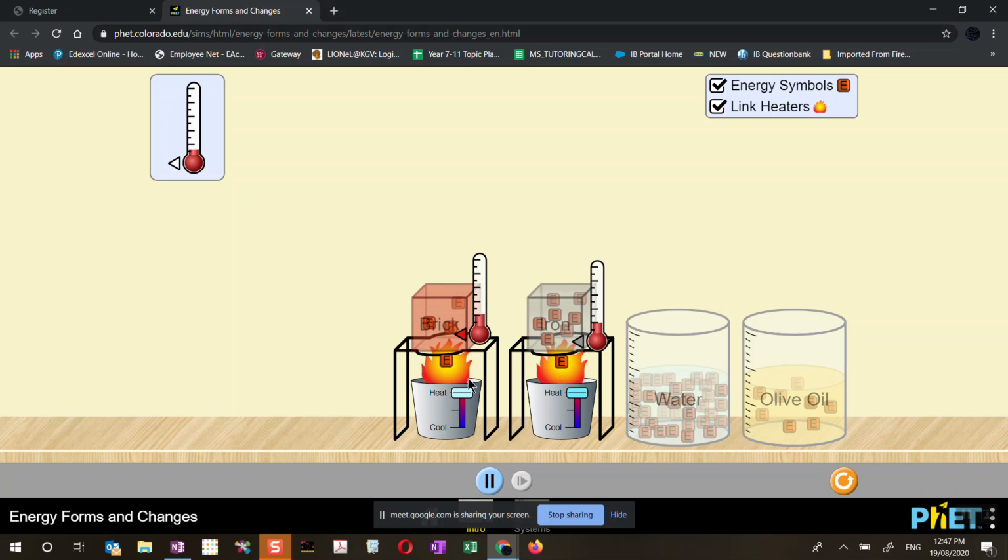And as I put the same amount of energy per second in, notice that the brick is heating up a lot more quickly than the iron. That's a bit weird because it suggests that the amount of energy it takes to make the brick hot isn't nearly as much as the energy it takes to make the iron hot.